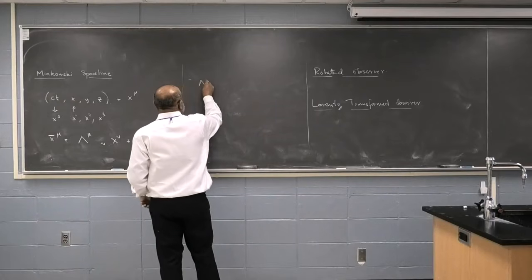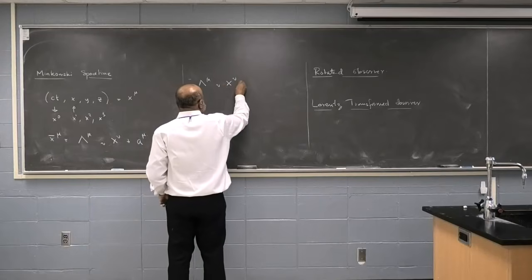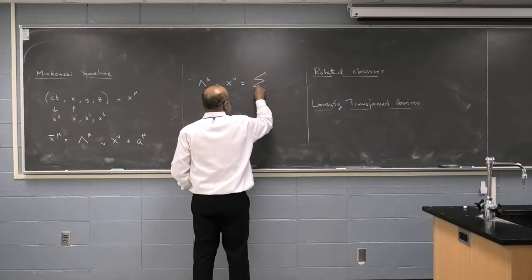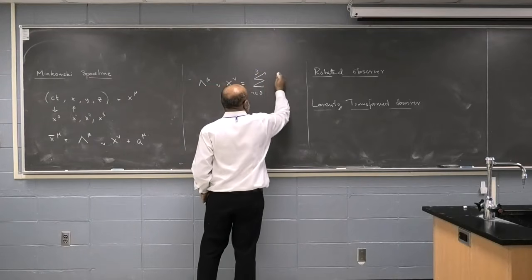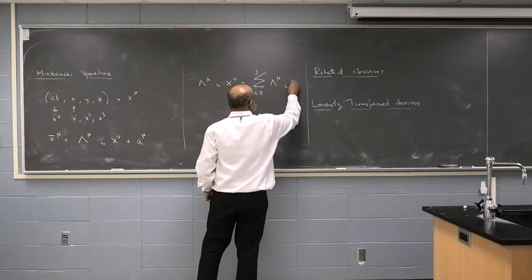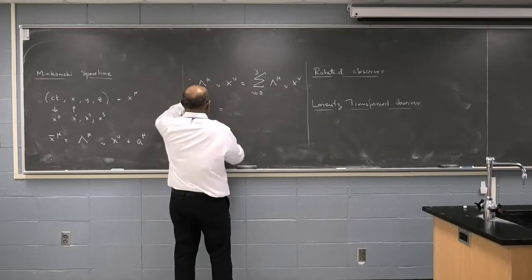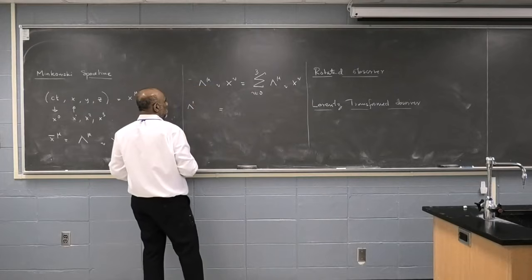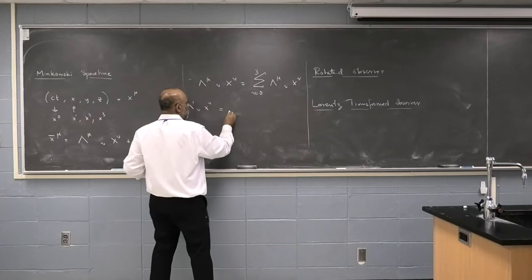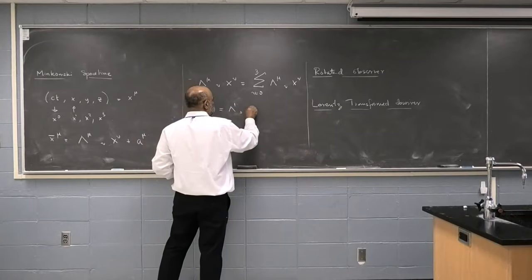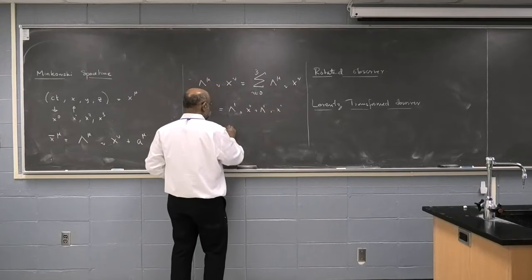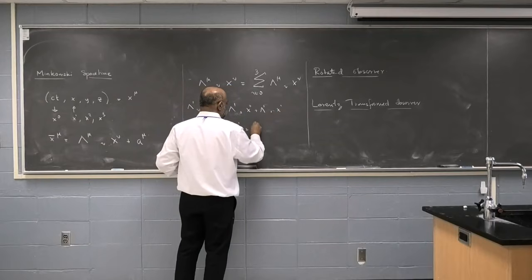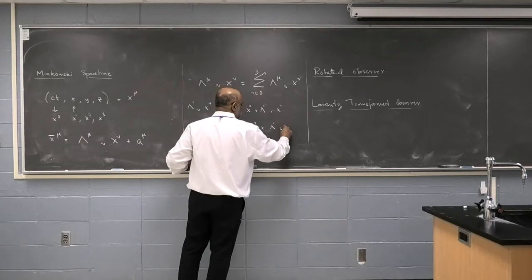So this means, in particular, for a fixed, let's say, lambda 1 nu, x nu, this will be lambda 1 0, x 0, plus lambda 1 1, x 1, plus lambda 1 2, x 2.